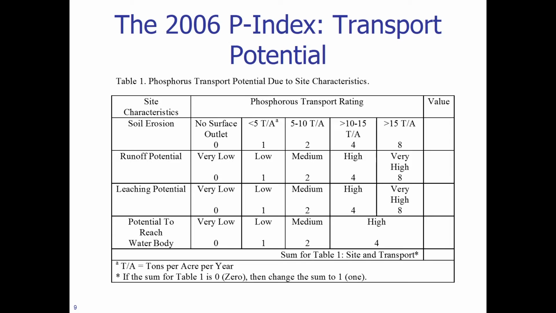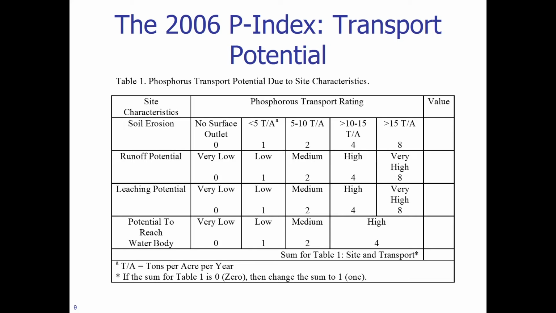The first column, the site characteristics, include the soil erosion, the runoff potential, the leaching potential, and the potential to reach water body. And you will notice you have a rating ranging from 0 to 8 for each of the soil erosion, the runoff potential, and the leaching potential, and from 0 with a high of 4 for the potential to reach water bodies.